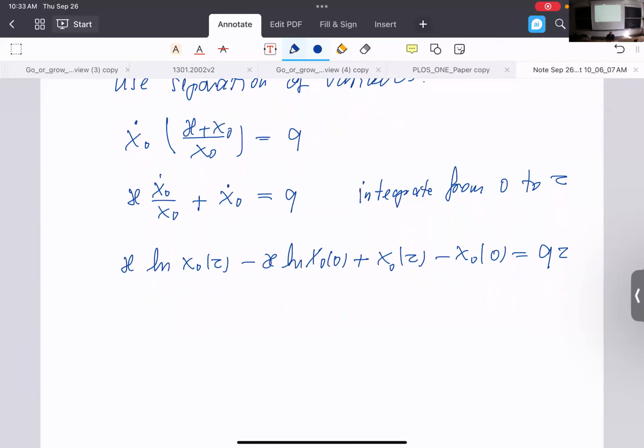And then I solve this for the tau dependent terms. I write this now as x0 of tau plus kappa ln x0 of tau equals the same expression at 0 plus q tau.